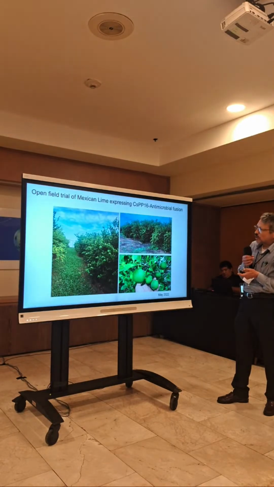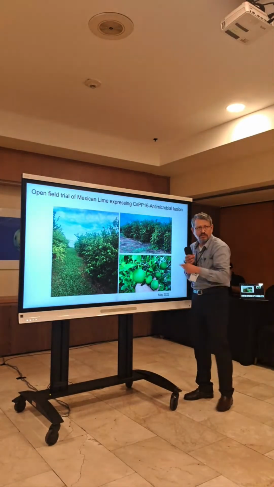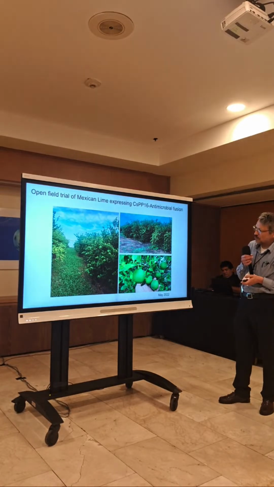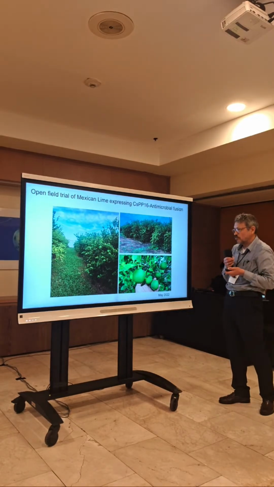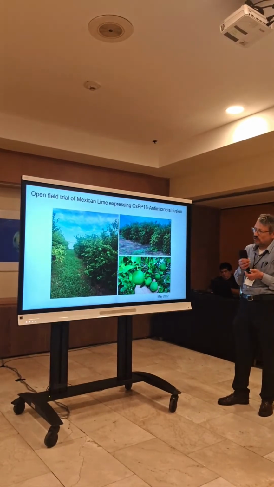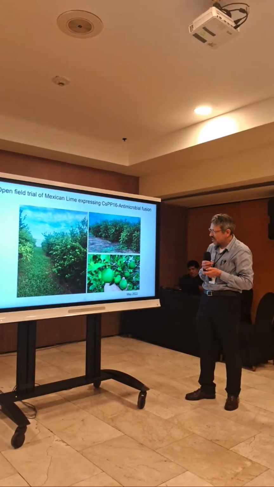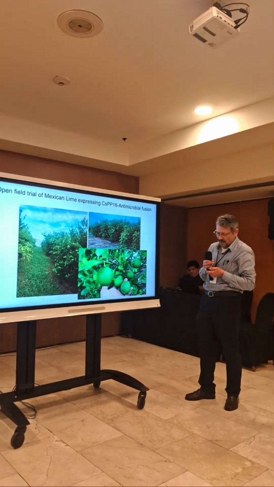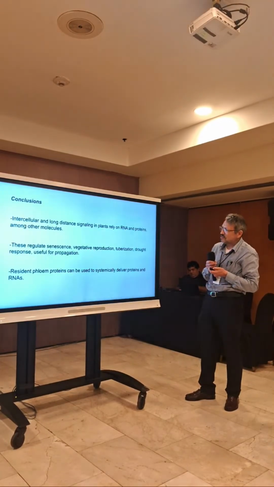Finally, in an open field trial of Mexican lime stably expressing the citrus equivalent of PP16, we found that the disease was mitigated, the plants looked productive and more or less healthy, and more importantly, the control plants were all long dead. So this is a strategy that can protect plants from pathogens that invade the vascular tissue.